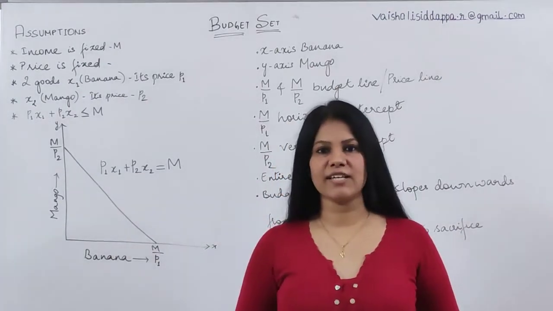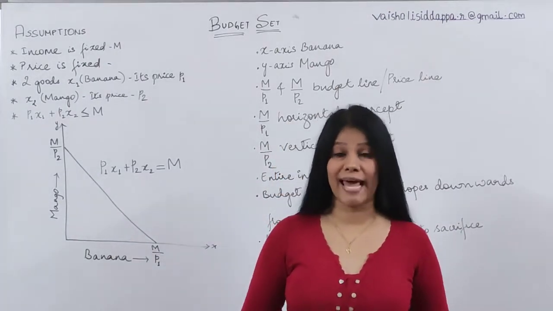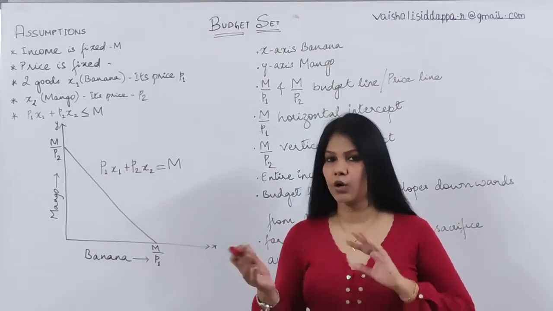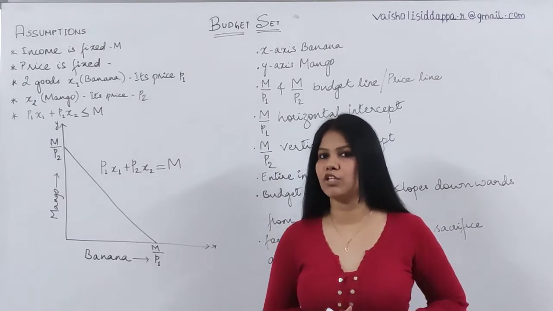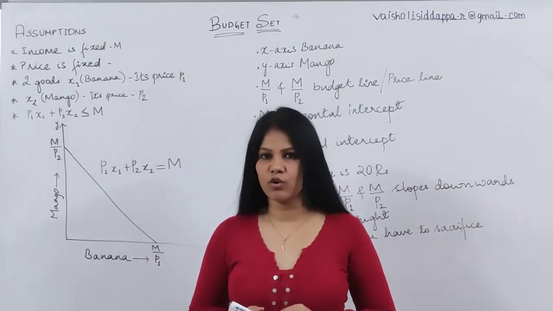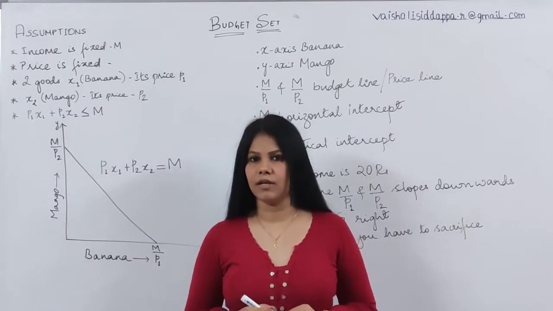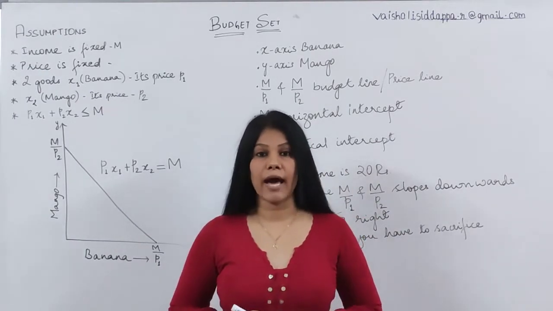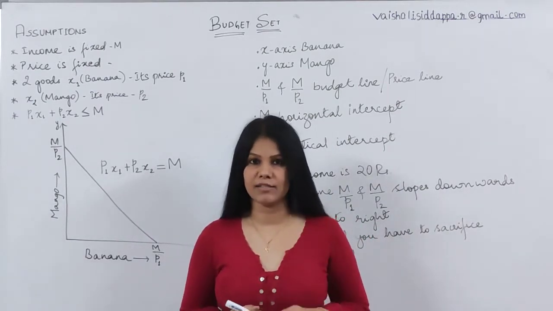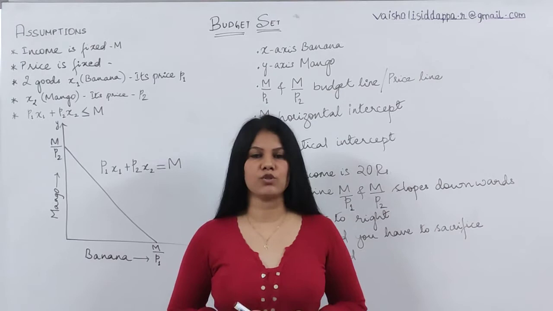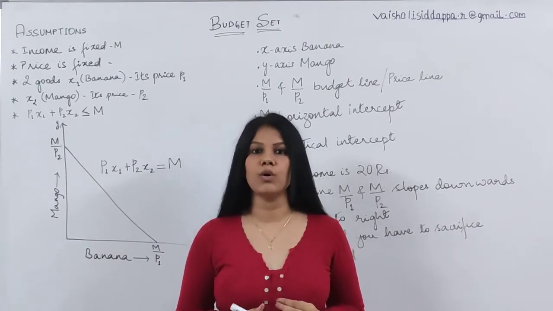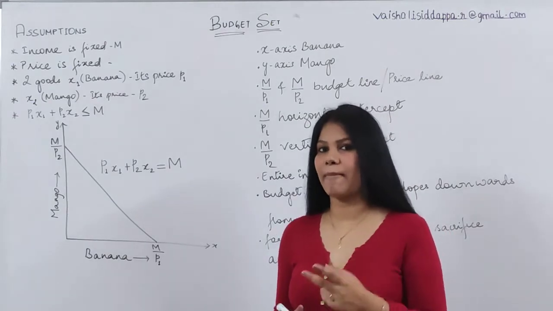In the previous class I've already discussed what exactly a budget set is, how you're going to derive it, and how the calculation is going to happen between two goods when your income is very limited. I gave you an example where you are a consumer with 40 rupees of income and two goods, a banana and a mango.